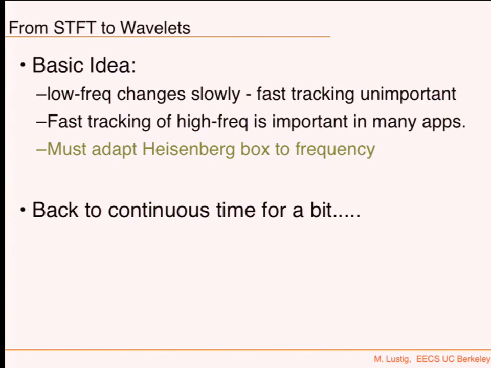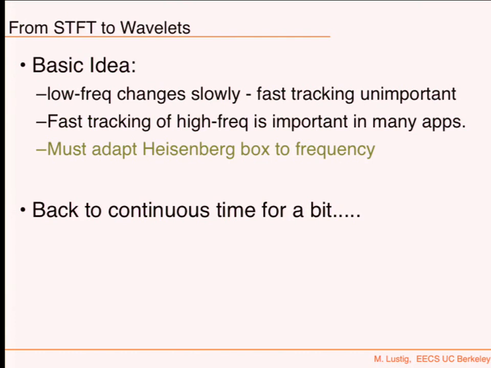Often it just behaves as slow changes over time. So fast tracking of this type of change is not necessarily very important. But if you want to distinguish between these changes in low frequencies, you need better frequency resolution. So you don't need that time resolution so much, but you need a good frequency resolution to see those changes at all.